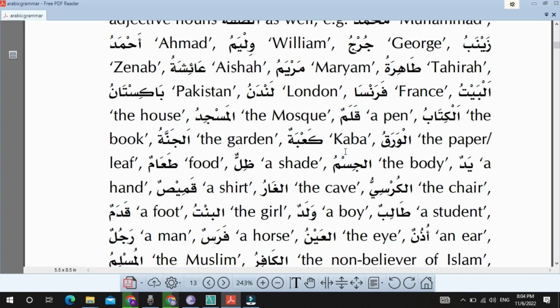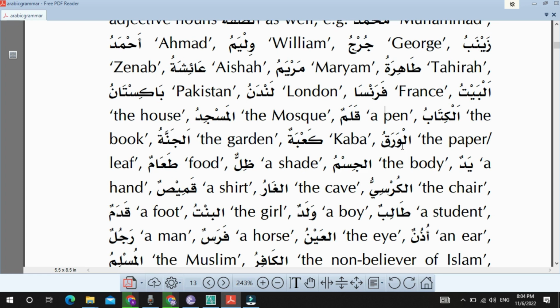Kaaba. You know, in Arabic, Kaaba is a very important place for Muslims. Al-Waraq, the paper.